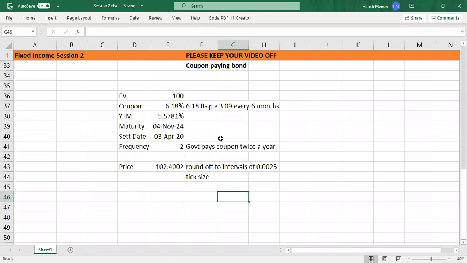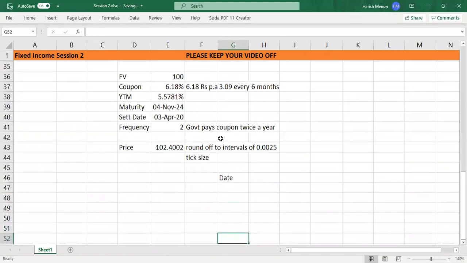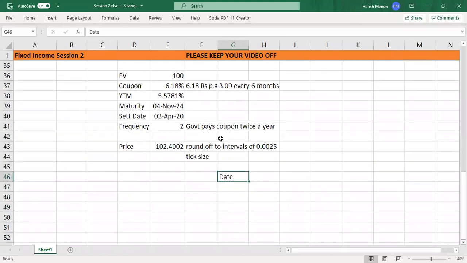So now let's look at when will the coupon be received on this bond. This is where you will have to focus. I understand some of the questions I haven't answered because it's not in context of what I'm discussing. I am trying to get to this price without using the Excel function, with only one formula, which is the present value formula. So this bond is going to give me half yearly coupon. 4th November 2024 is the maturity.